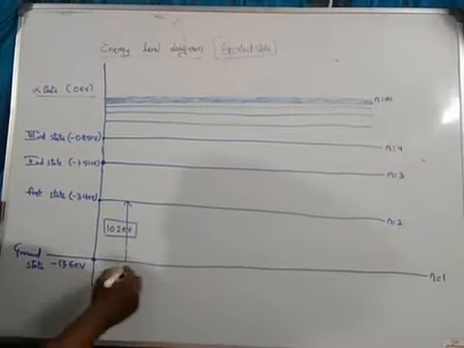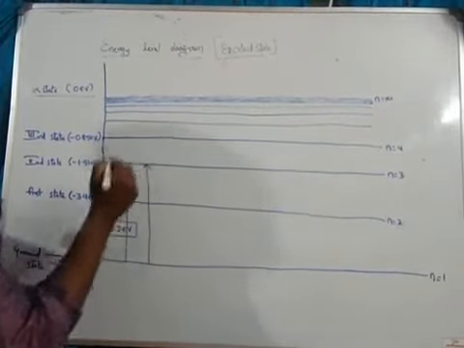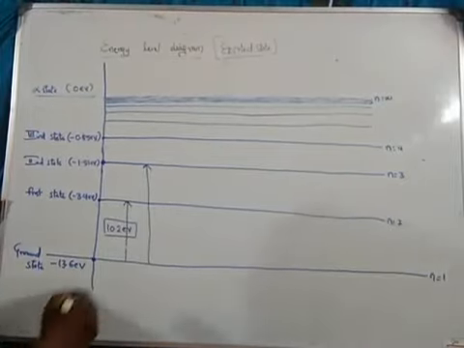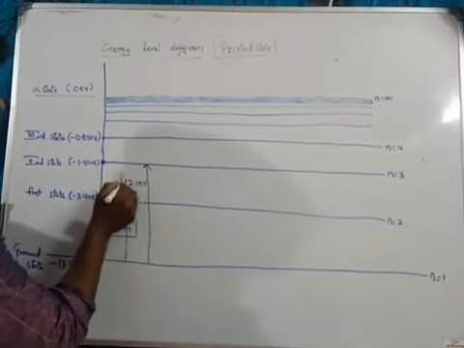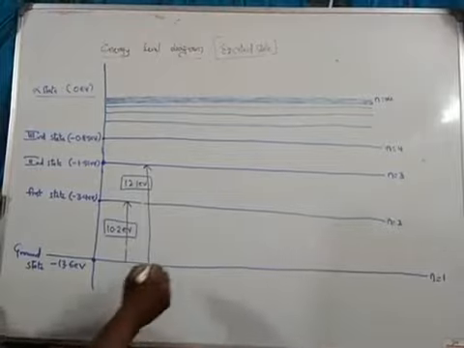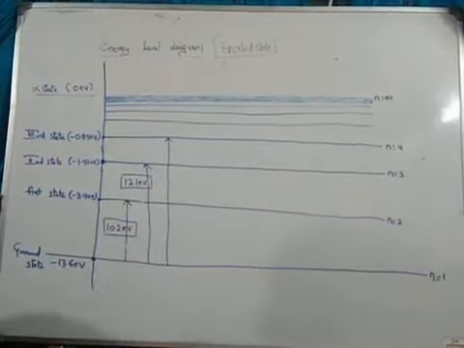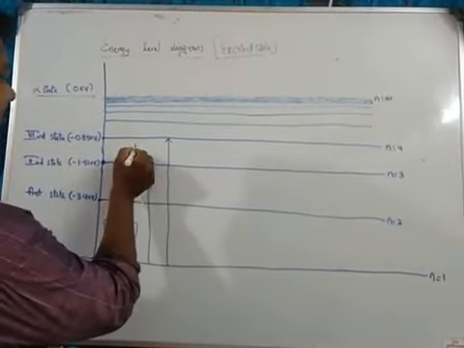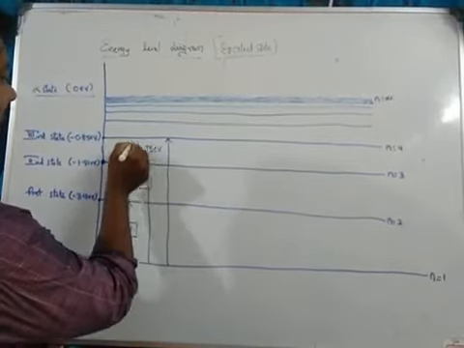To move from ground state to second state, we have to give 12.1 electron volt. We already calculated these values. And from ground state to third state, we have to give 12.75 electron volt.